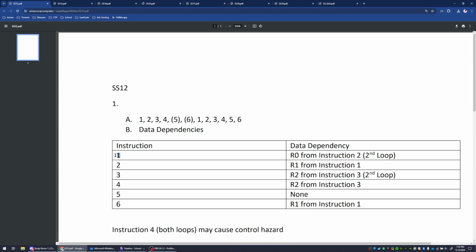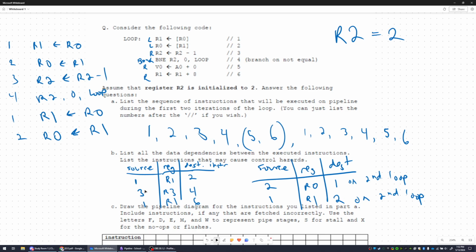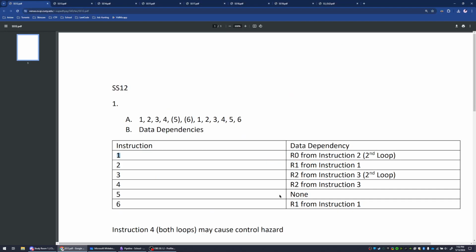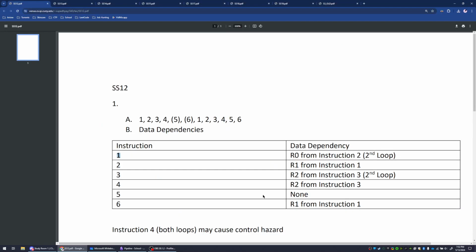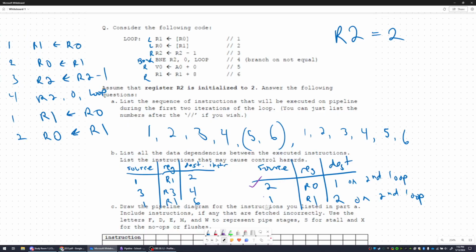And then for this one, it says instruction 1 has a dependency on R0 from instruction 2 on the second loop. So this one is right, right? No, is it? Or, oh no, this one, right? No, did I mess up?